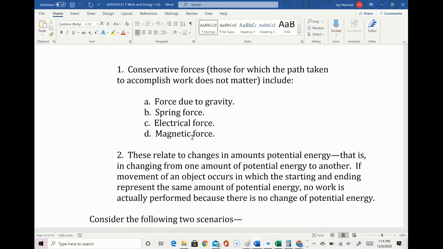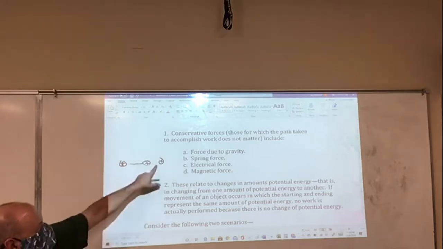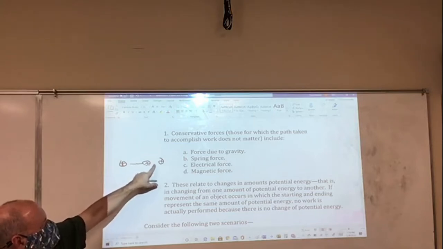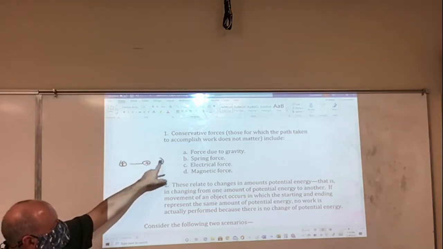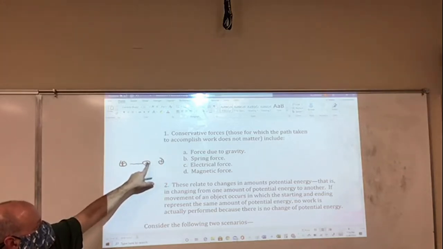For example, if I have a positive charge here and I have a positive charge here, and I move this positive charge to this point, I did work on that charge to move it closer because there's a repellent force there, right? There's a force pushing against that. I did work against that electrical field, and I now changed its potential energy.